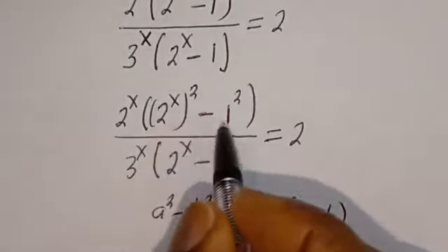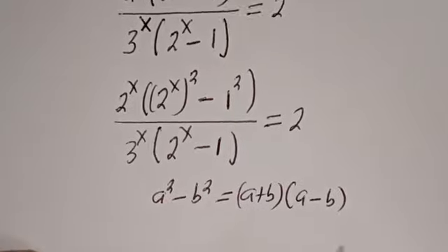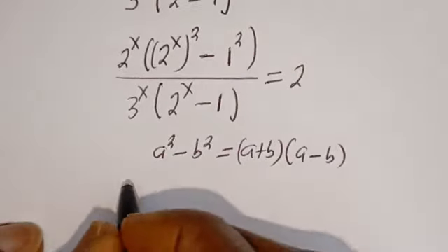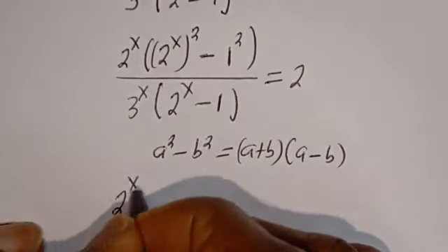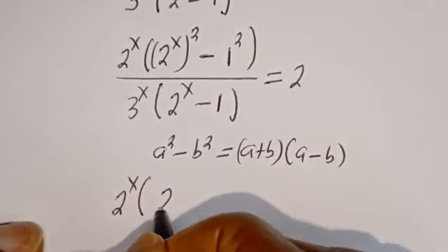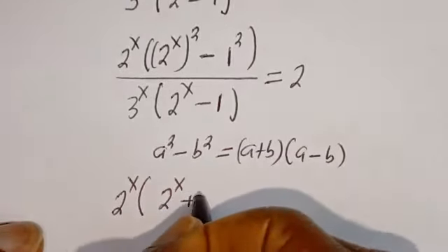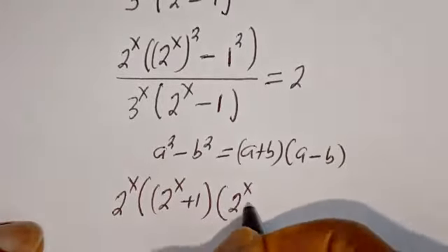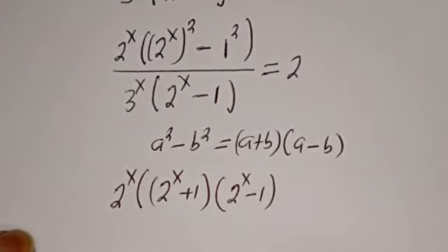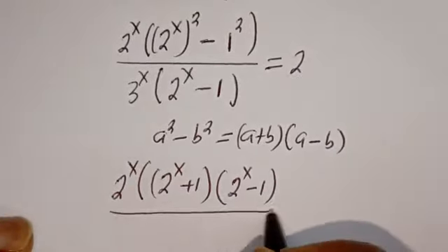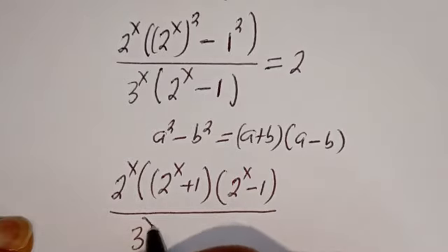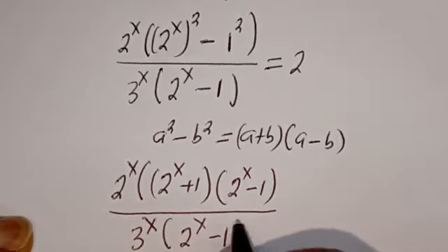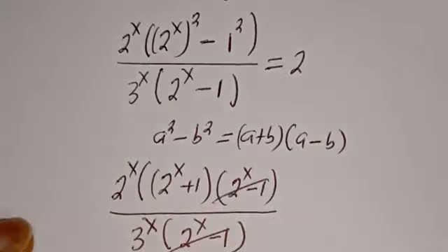Because this is in the form of a difference of squares, then we have 2 to the power of x bracket 2 to the power of x plus 1 bracket 2 to the power of x minus 1, divided by 3 to the power of x bracket 2 to the power of x minus 1. And this will cancel this.